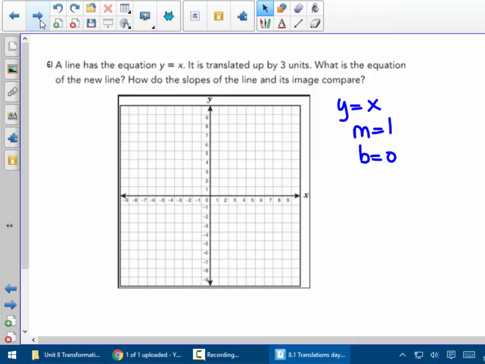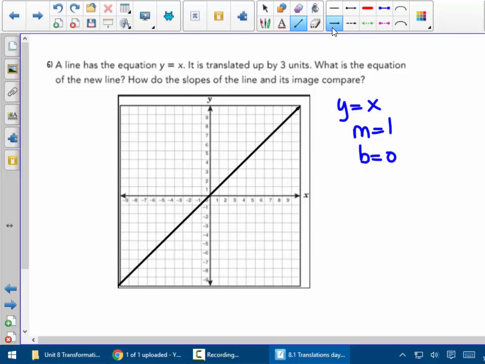So if I graph that, which, yes, I do want you to do, y equals x splits my Cartesian plane here, my coordinate axis, diagonally in half. And I'm going to label that y equals x. Make sure I have arrows on both ends.